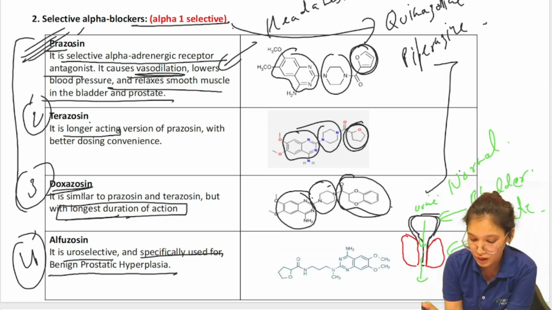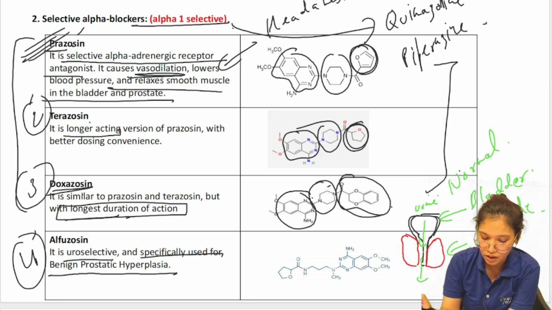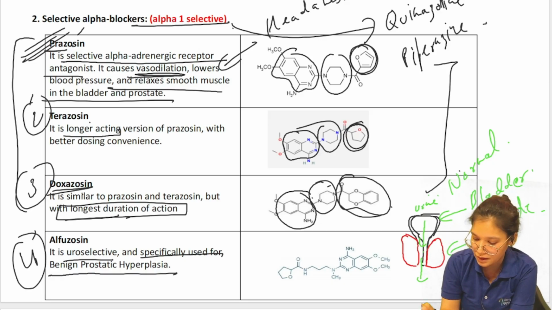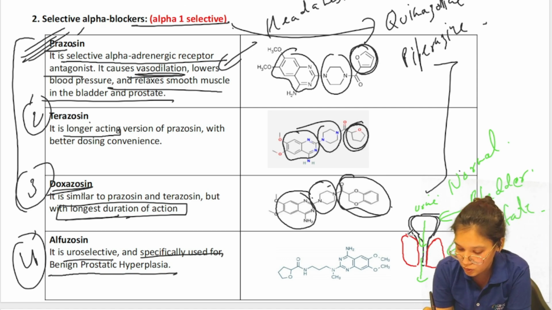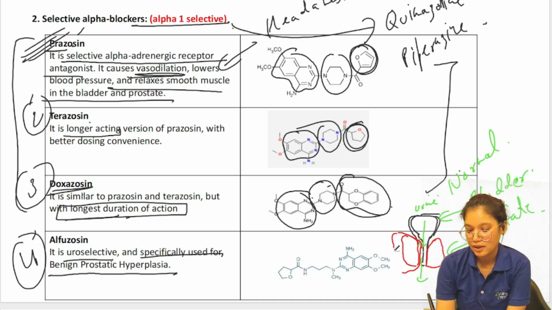Now when we talk about benign prostatic hyperplasia, these prostate glands swell up.